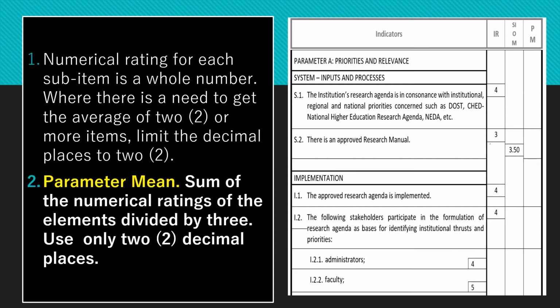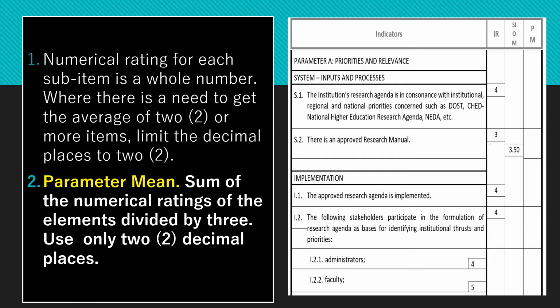Limit the decimal places to 2. The parameter mean refers to the sum of the numerical ratings of the elements divided by 3 and use only 2 decimal places. So, tingnan po natin yung example sa right side.